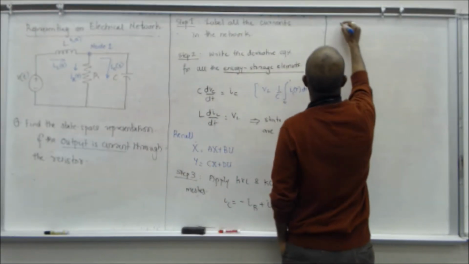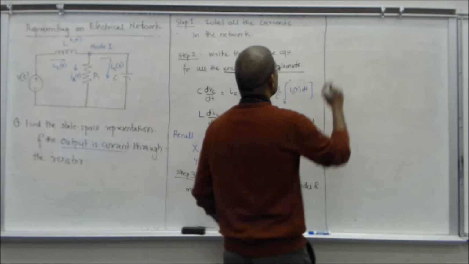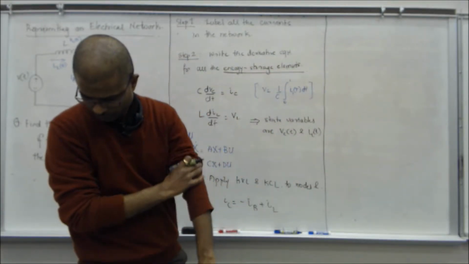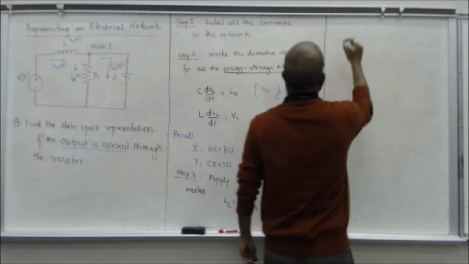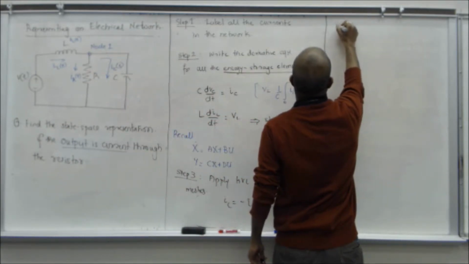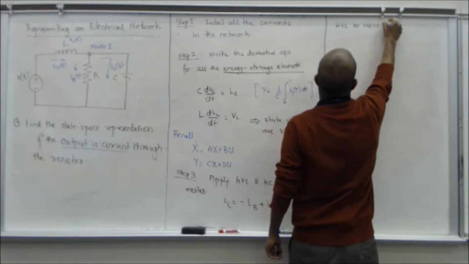So step 4, if you apply Kirchhoff's voltage law, not step 4, that is another step. Can you write KVL to mesh 1?